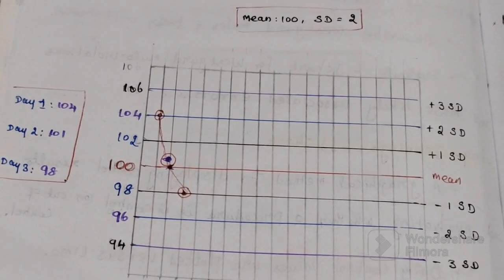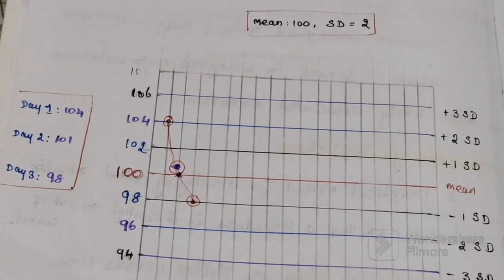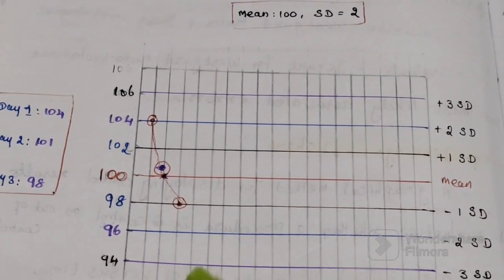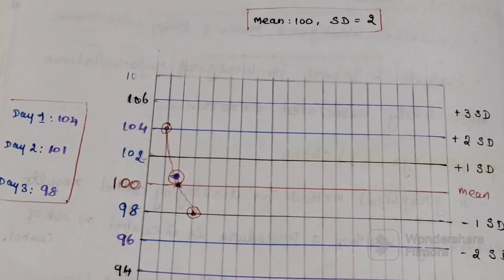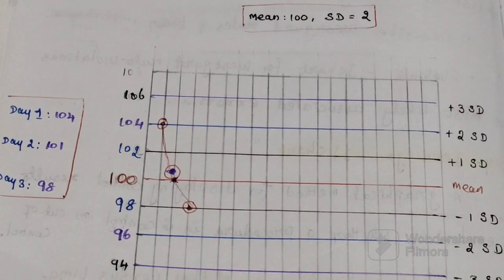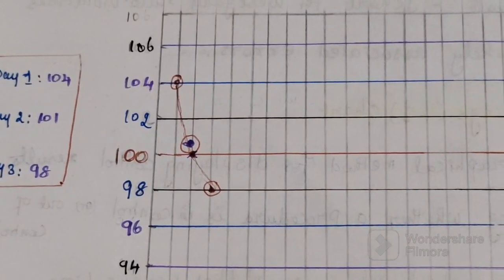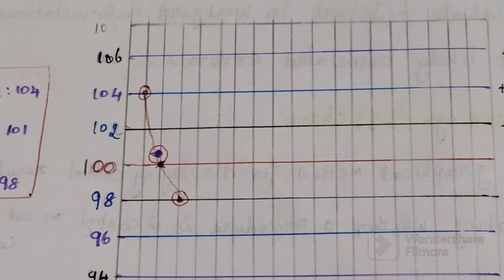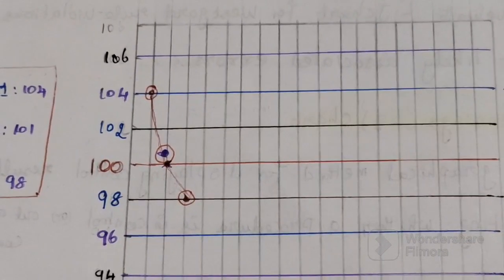In a biochemistry auto analyzer, the graph is automatically created, with no need to draw it manually.